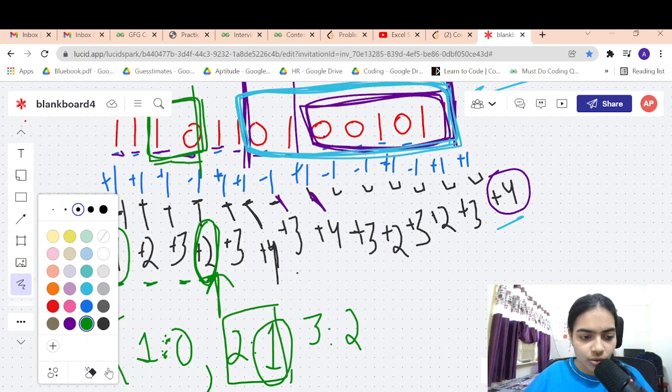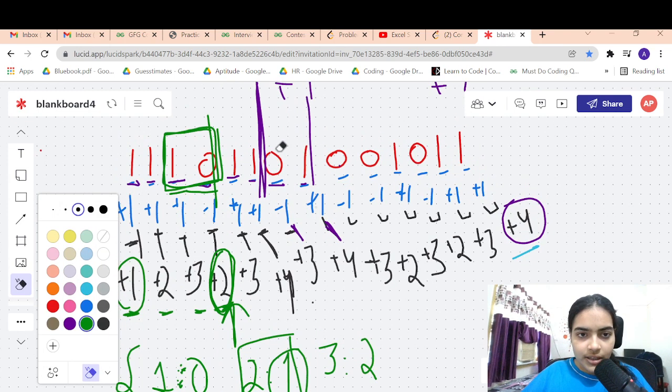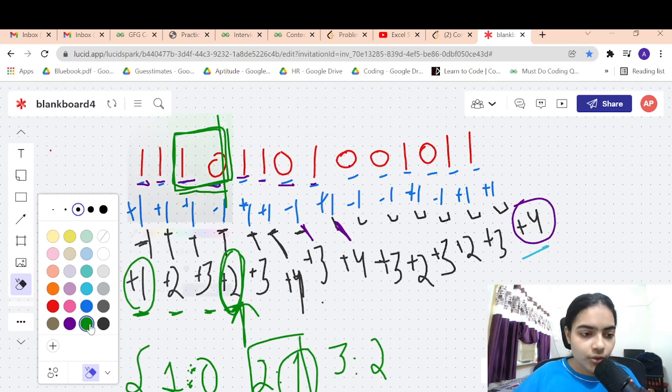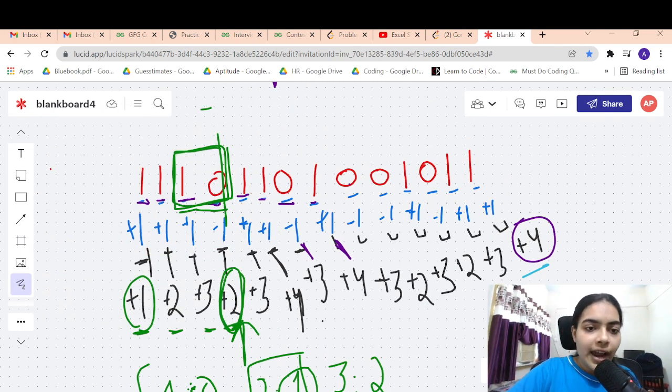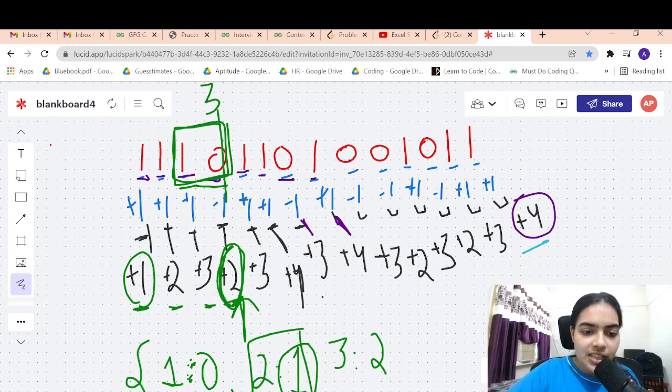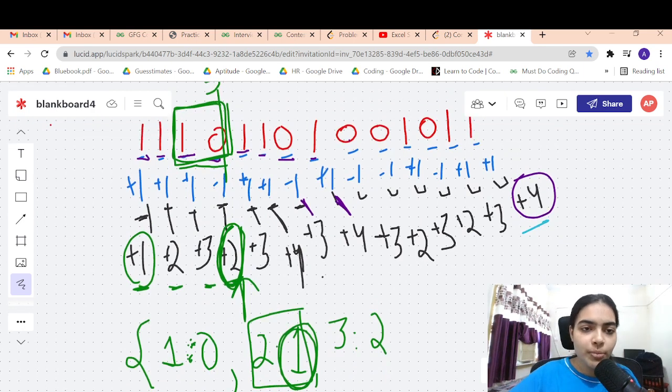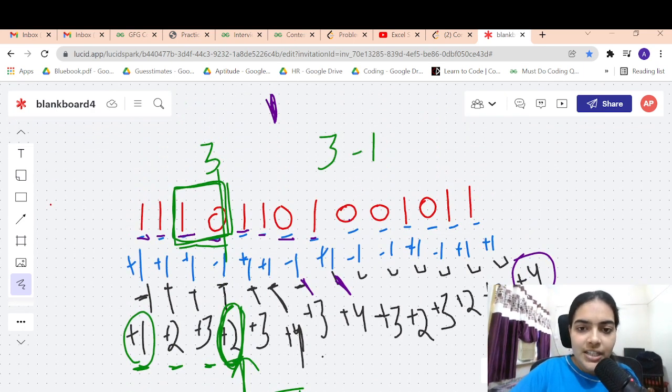Okay, let's note this carefully. Let me erase this for once. Now I am iterating, and at the third index I see that my sum is +2. From the map I see at the first index my sum was +2. That means 3 minus 1 is equal to 2.